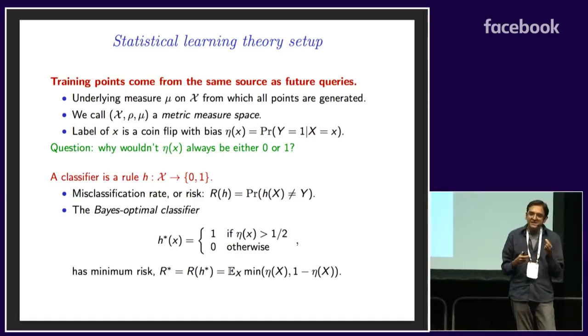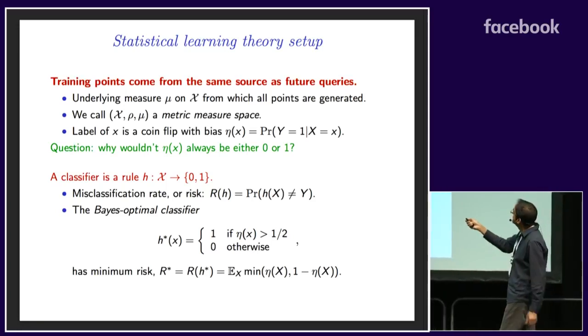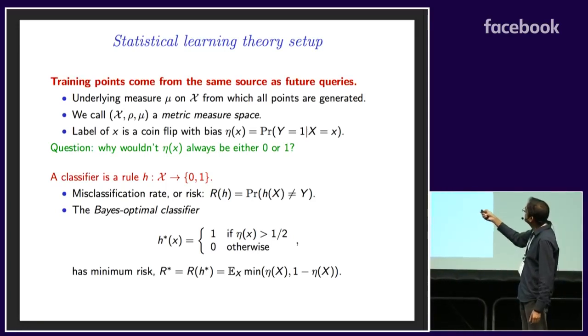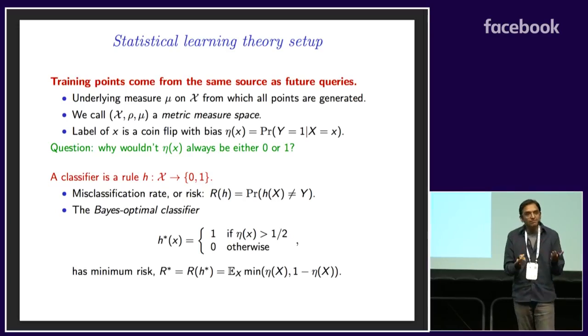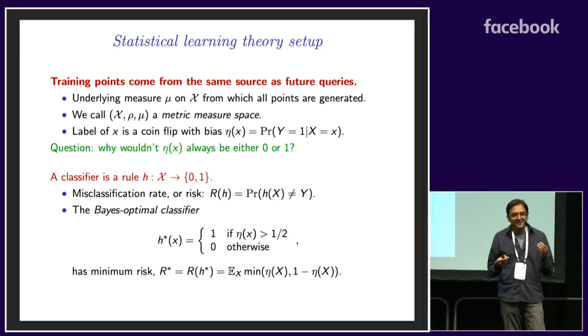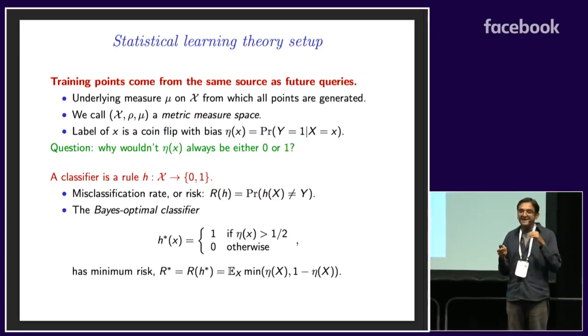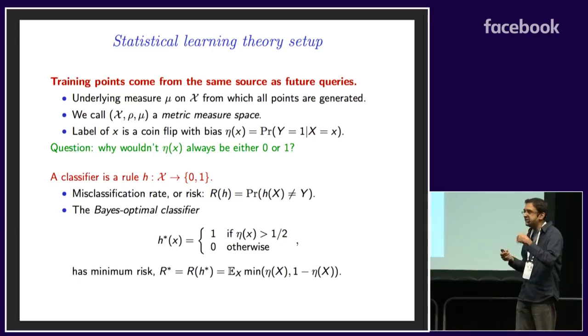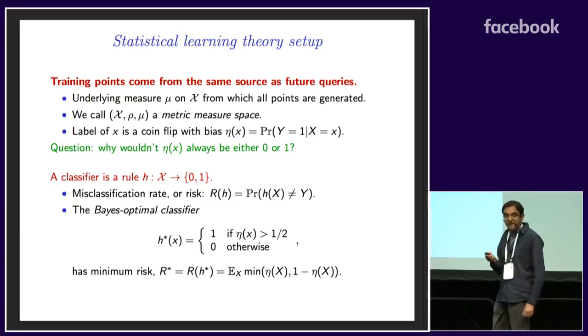So the case of a stochastic eta, this stochastic conditional probability, is an important case. And so a lot of the work has been interested in getting this right. And that's why it's built into the statistical learning framework.